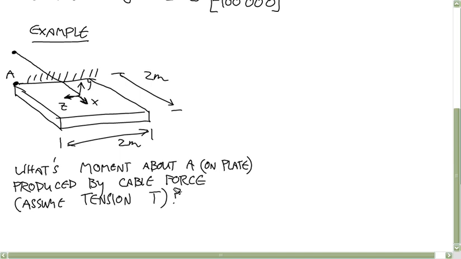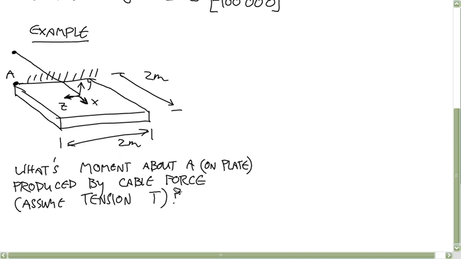I'm going to do this the same way. The one thing that's different is that we don't have numbers for the force vector. We're going to come up with a force vector, but it's going to depend on this variable T.